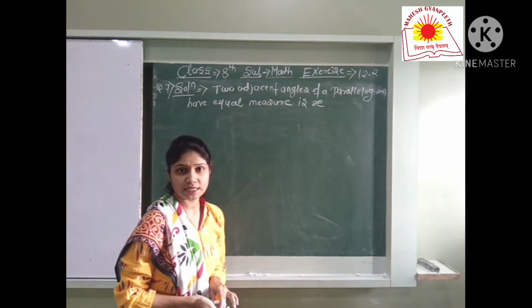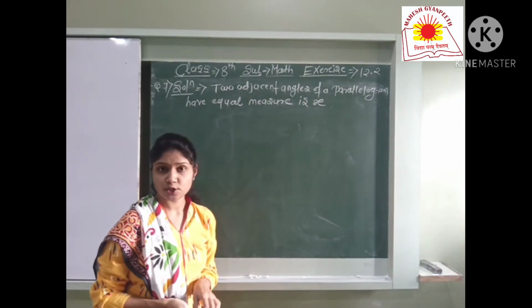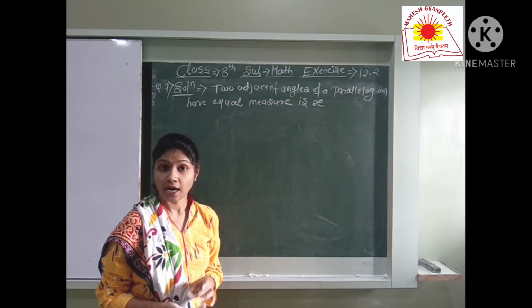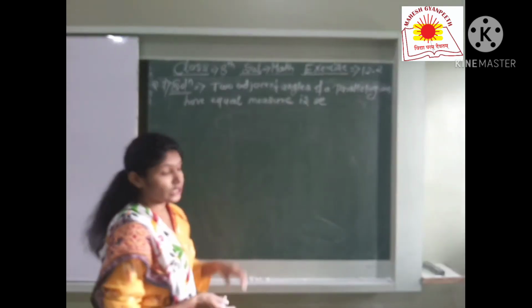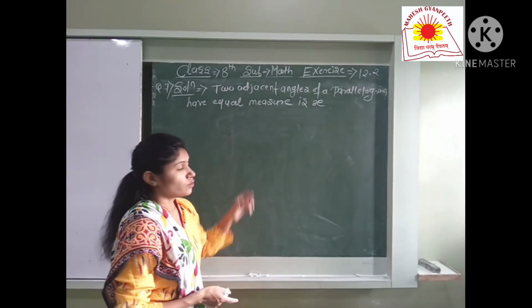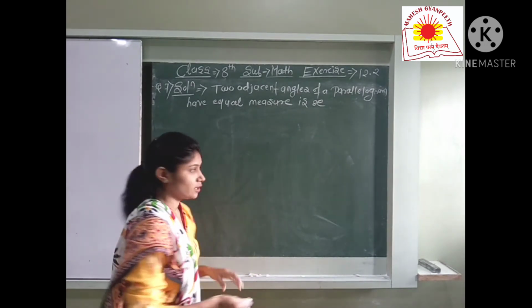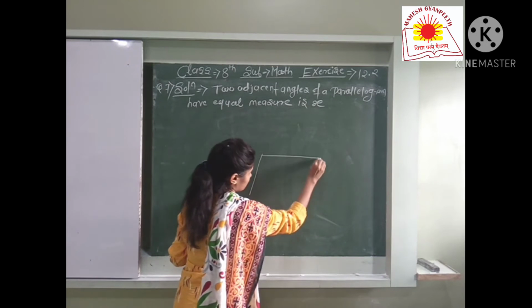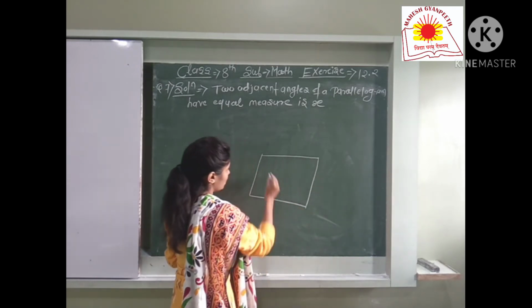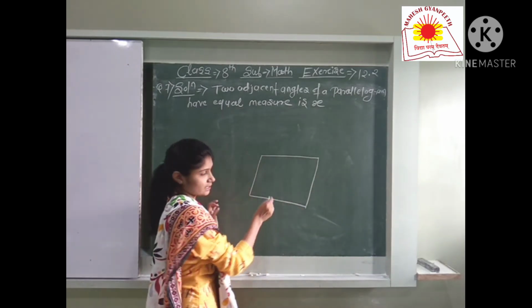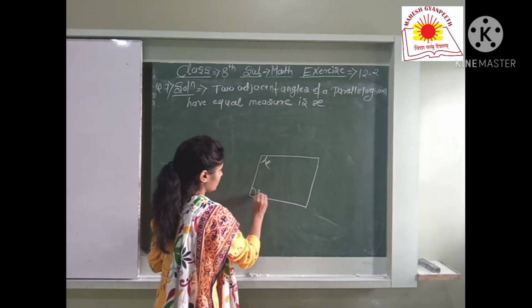Now see here, question number 7. Two adjacent angles of a parallelogram have equal measure. So we will consider these equal measures as x. See here student, this is the parallelogram. Two adjacent angles are x and also x.